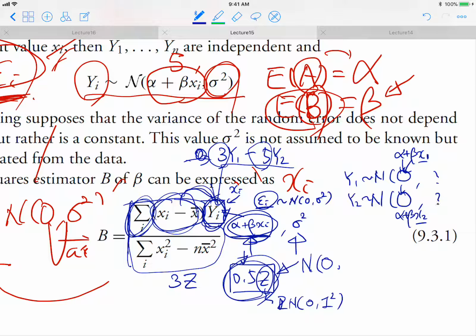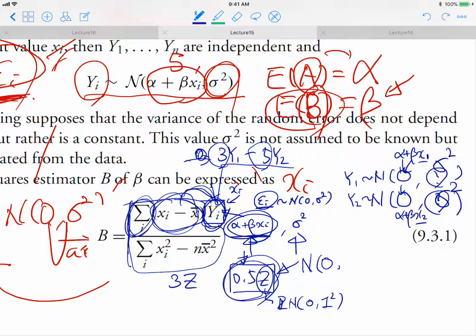And what about the standard deviation or the variance? Are they the same or not? They are the same, just sigma squared, which was coming from epsilon i's variance.